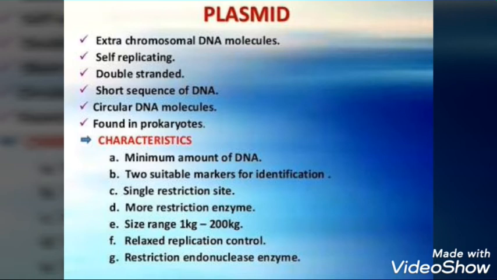The important points are: extra-chromosomal DNA molecule, self-replicating, double-stranded, short sequence of DNA, circular, and found in prokaryotes. The characteristics are: minimum amount of DNA, 2 suitable markers for identification, a single restriction site for more restriction enzymes, and a size range of 1 to 200.